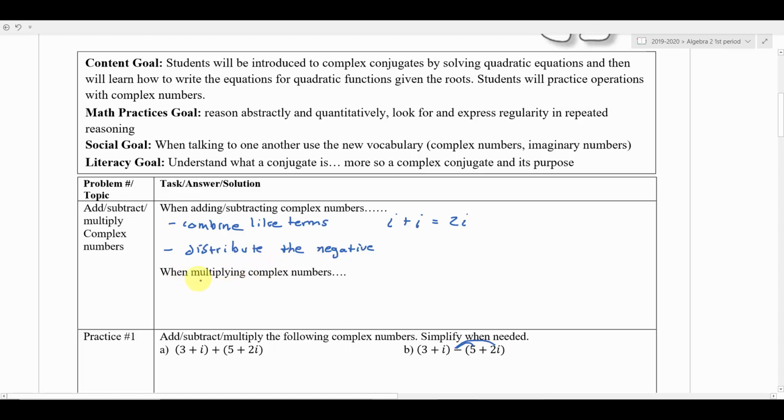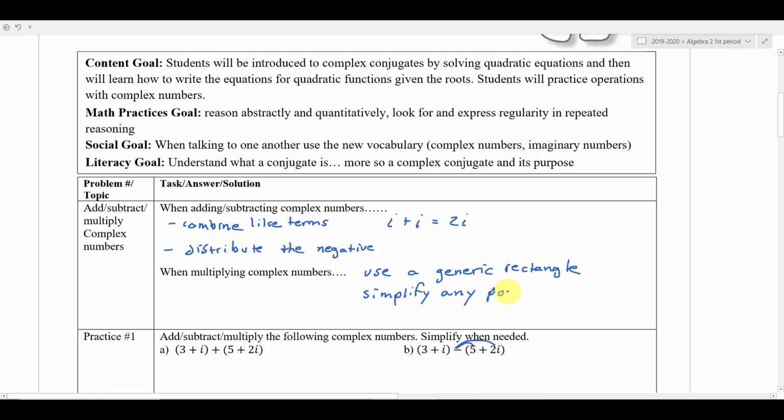Okay, when you multiply complex numbers, you're going to want to make sure you use a generic rectangle. So use a generic rectangle and then simplify any powers.